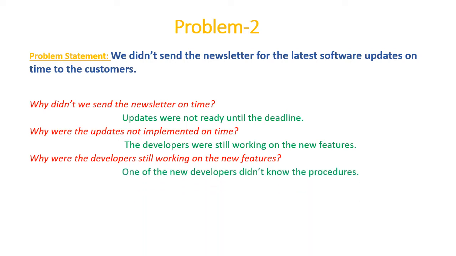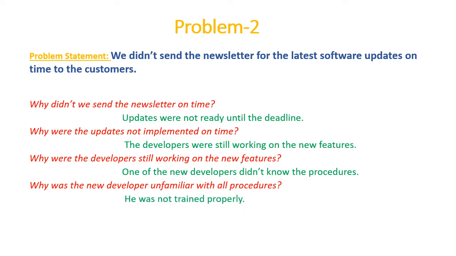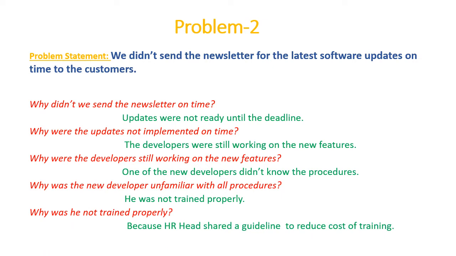Because there is one new developer and he did not know the procedures. Okay, then why is the new developer unfamiliar with the procedures? Because he is not trained properly. So the next obvious question comes, why was he not trained properly? Because the HR head, human resource head, shared a guideline to reduce the cost of the training.